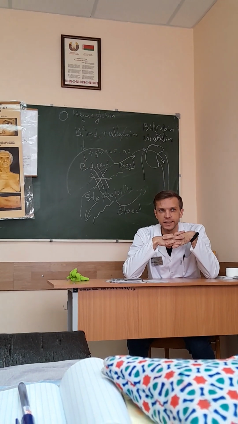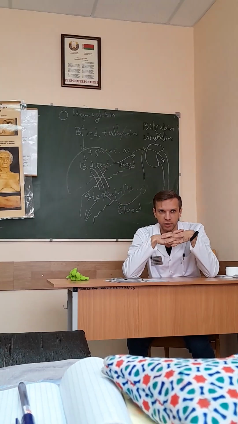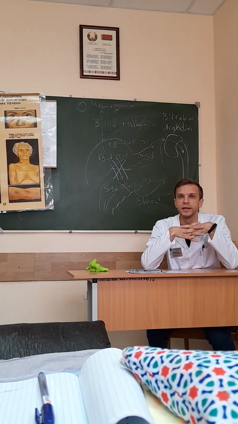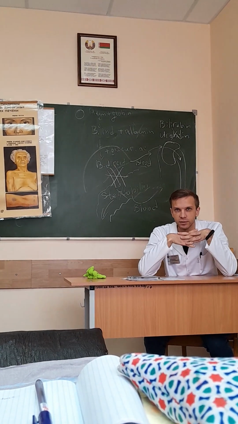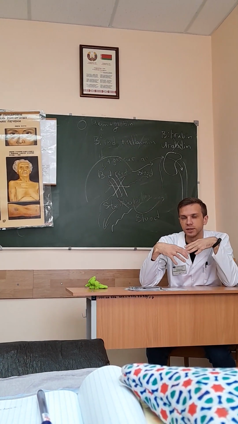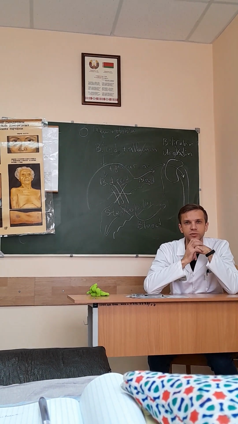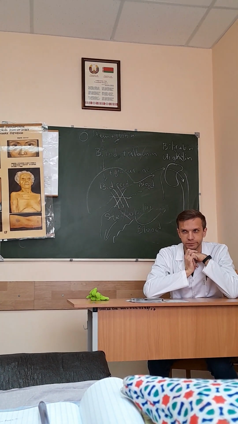And transferrin is the transport type of iron. It's a transport protein to transport iron. If there is iron deficiency, transport proteins increase. That's why we will see an increased amount of transferrin.